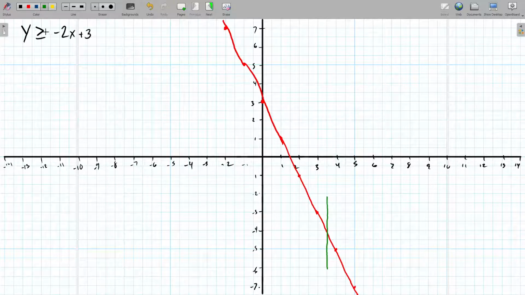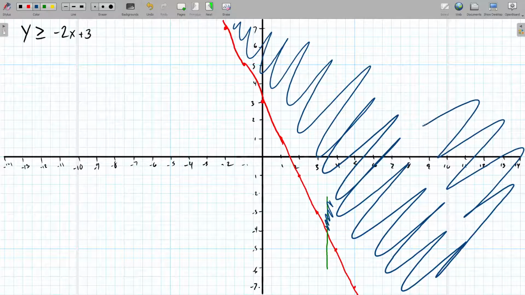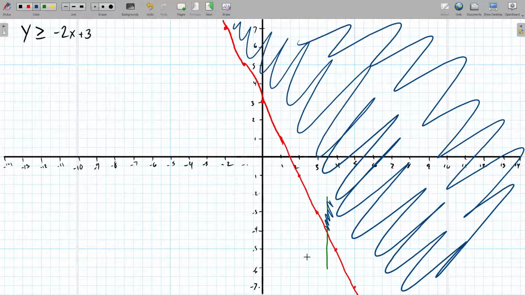This is greater than, so the side above this line, this intersection, is where we shade. Everything above, which is this side of the line, is where we shade. Just a little trick that might come in handy to help determine what is above the line and what is below the line.